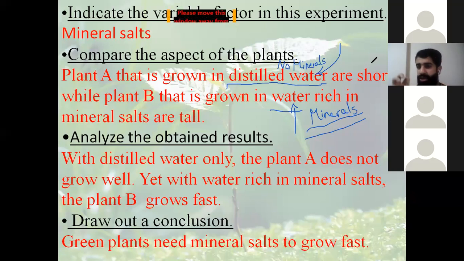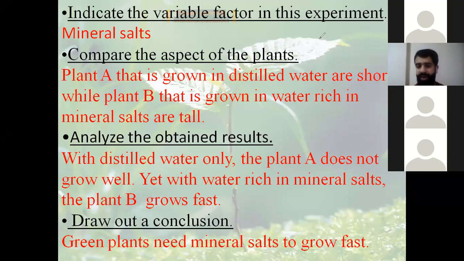Okay, so distilled water is the water without minerals, while the tap water or any other water contains minerals. Distilled water is, for example, the water that comes out from the AC, the air conditioner.